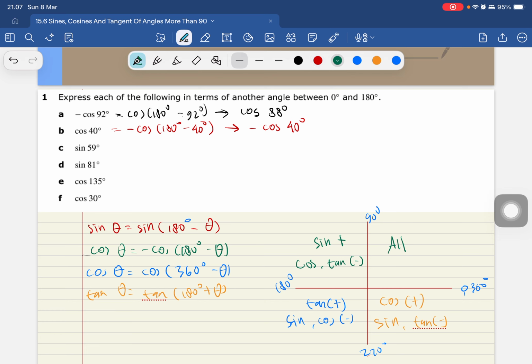Next, sine equals sine of 180 degrees minus 59 degrees. So we get the answer of sine 121 degrees. Next is sine 81, which equals sine of 180 degrees minus 81 degrees. So we get the answer of sine 99 degrees.